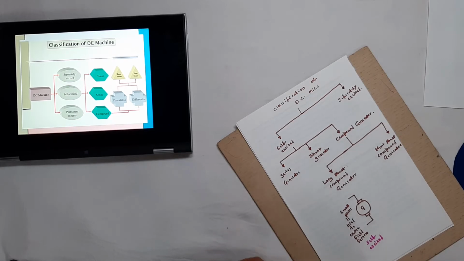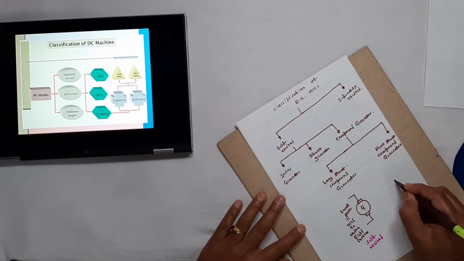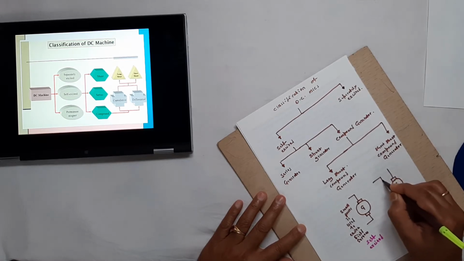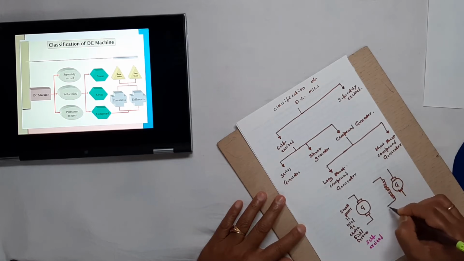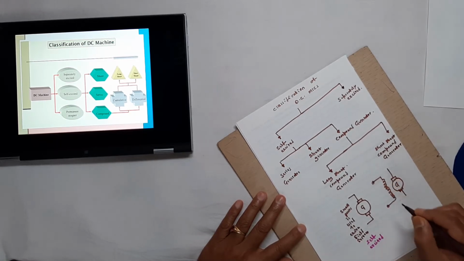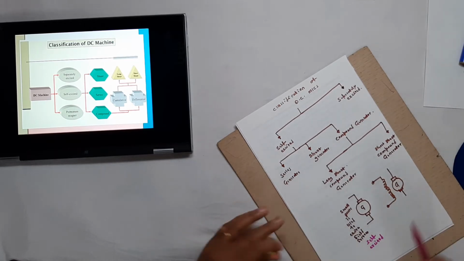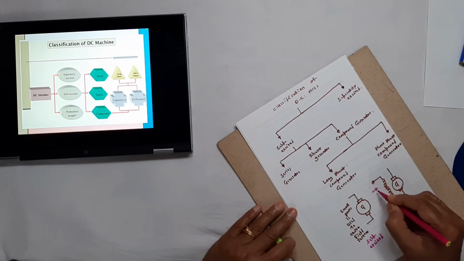Whereas in the case of a separately excited generator, we have a generator, then there is a field system. This is a field system which is creating a magnetic field, but this is excited by a separate source.